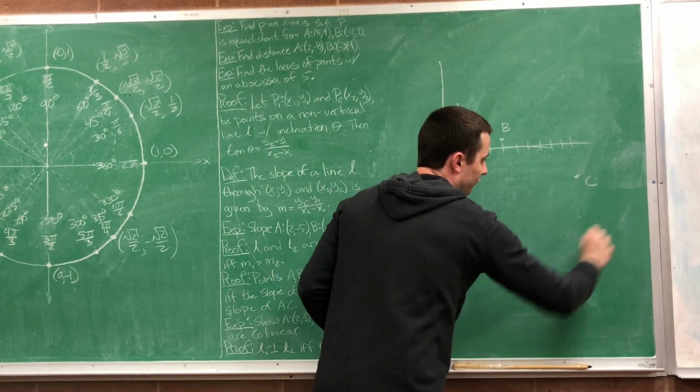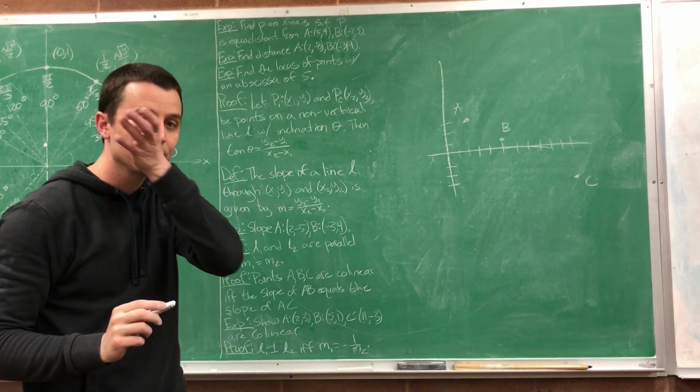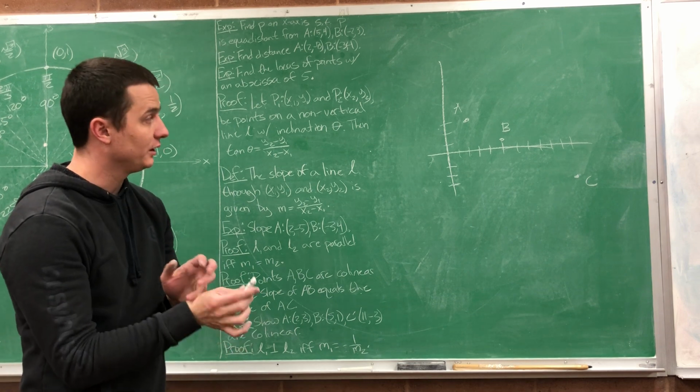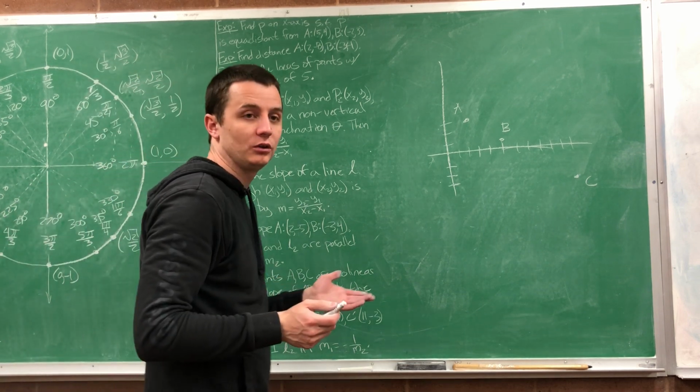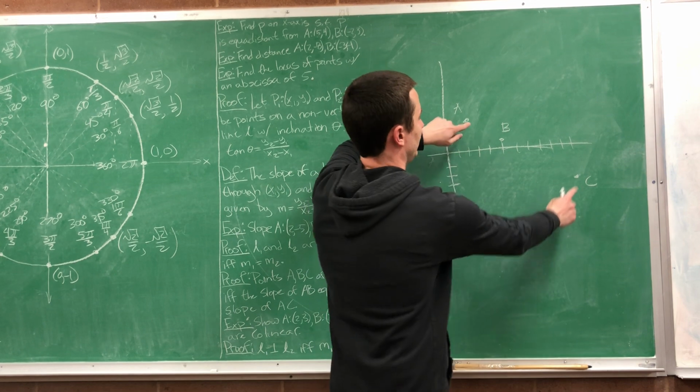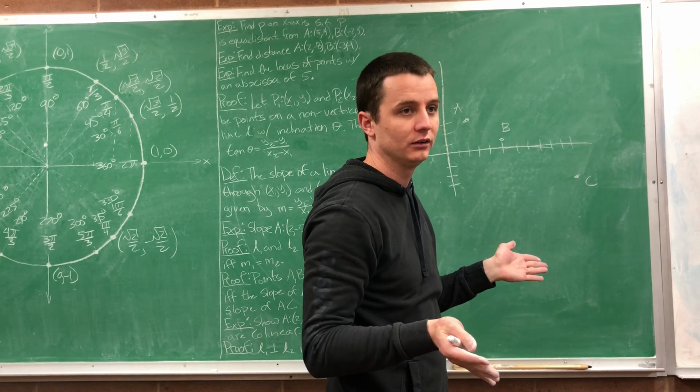Do those in fact all fall on the same line, and how can we check that? The way that we can check is by checking the slopes between the points. Check the slope between here, and check the slope between here. If they're the same, it's collinear.